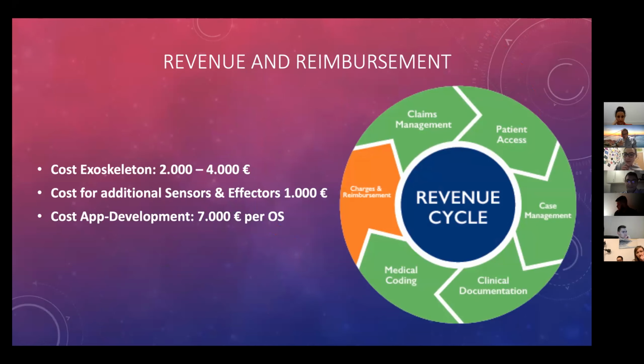So basically we have a cycle. We estimated the cost for the exoskeleton, the cost for additional sensors, and approximately the cost of the app development. In the first cycle, we have the request from a patient with a specific clinical problem. We evaluate the case, then we test our product and document the output, whether the Exobot was working in the rehabilitation process or not.